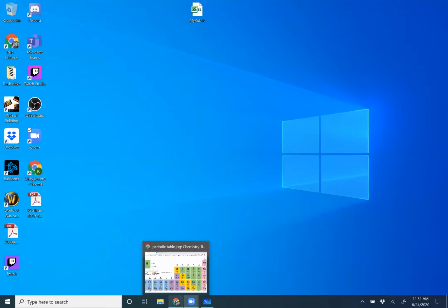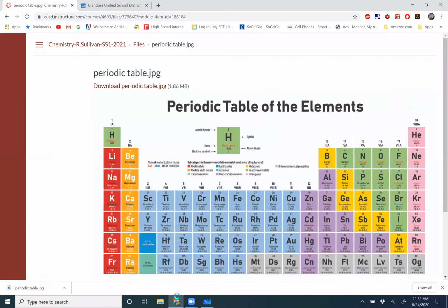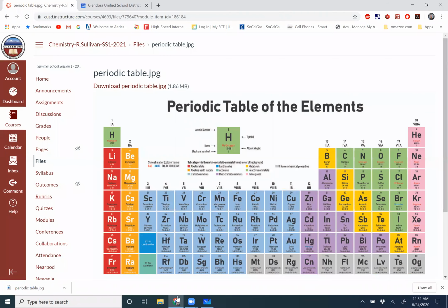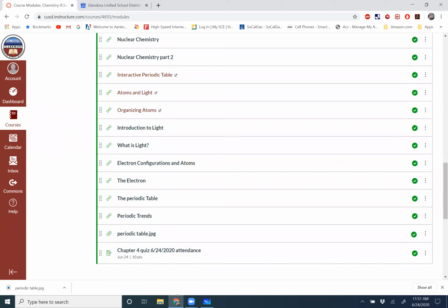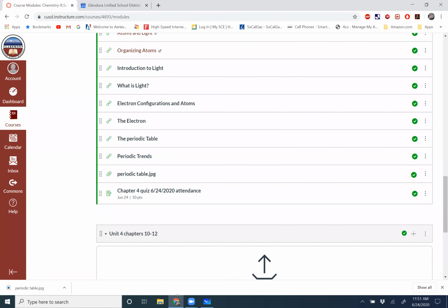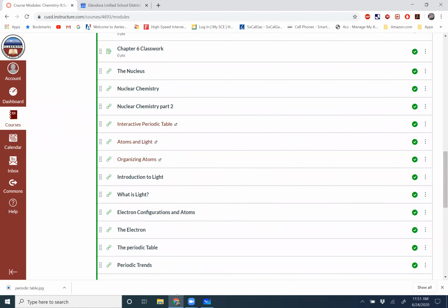So today's quiz is up. You can go to the module and you can take it whenever. It is a quiz again, so you can take it a couple times if you want until you get all the answers right. The worksheets are up, so you can work on those.